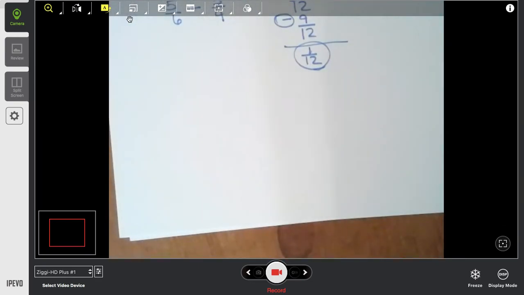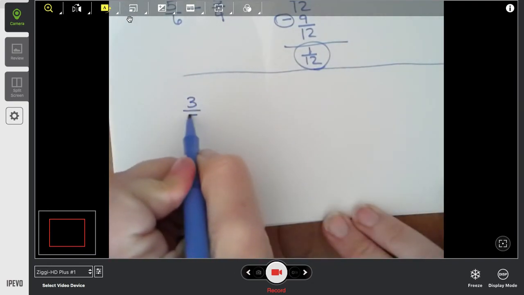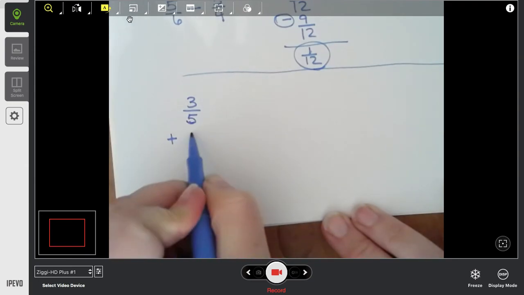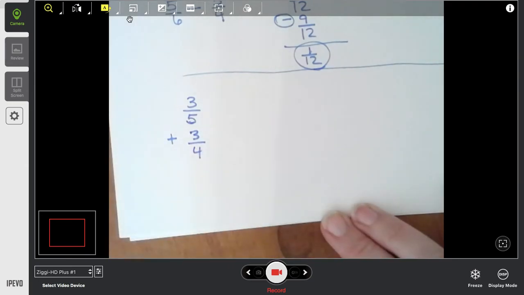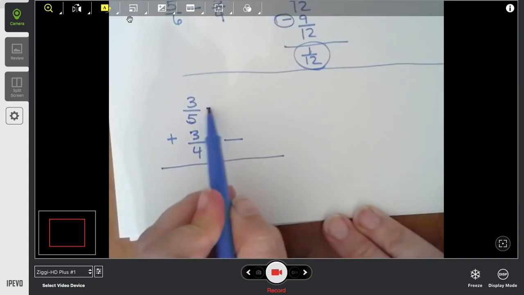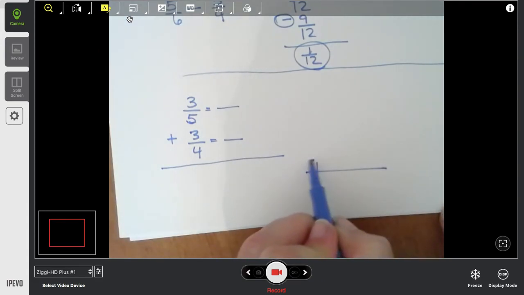Stick with me. Okay? Let's do 3/5 plus 3/4. Okay? We need to find our common denominator because they're different. So I know I'm going to be changing my denominators. I've got a 5 and a 4.